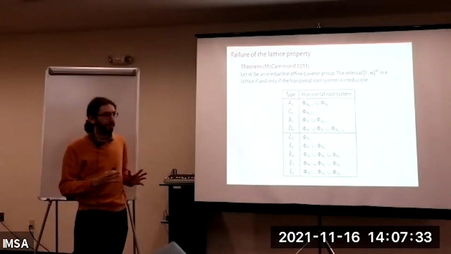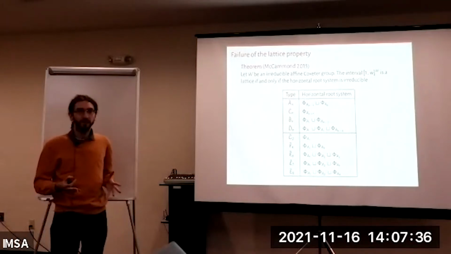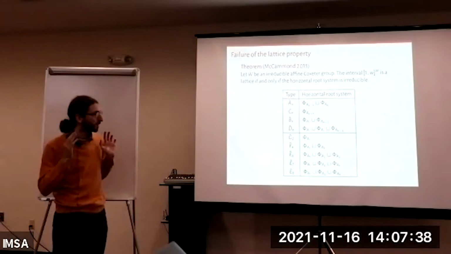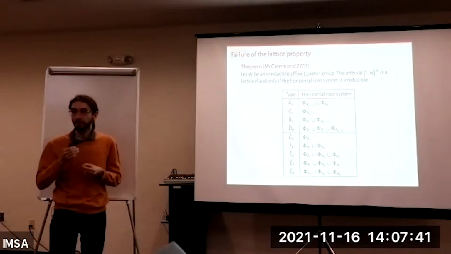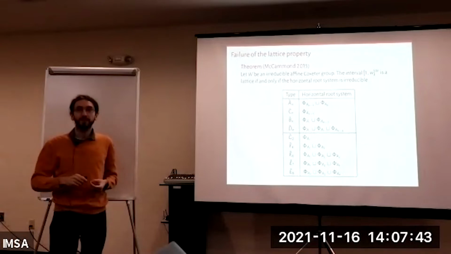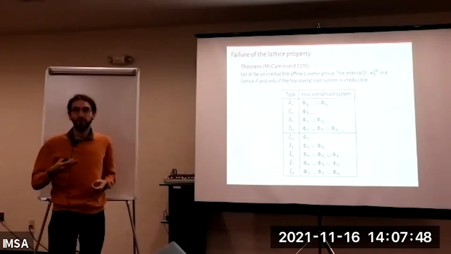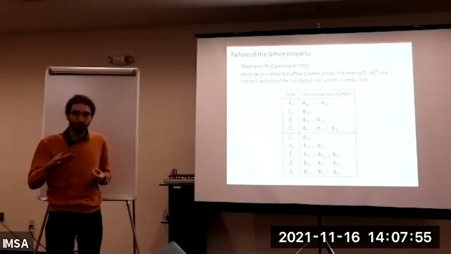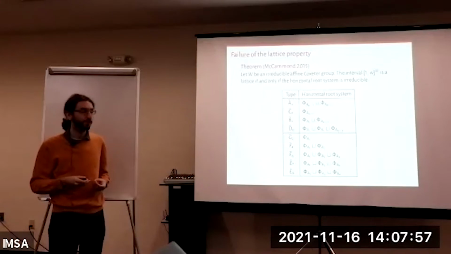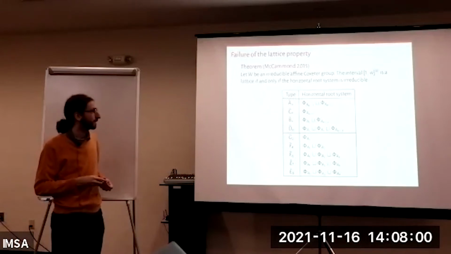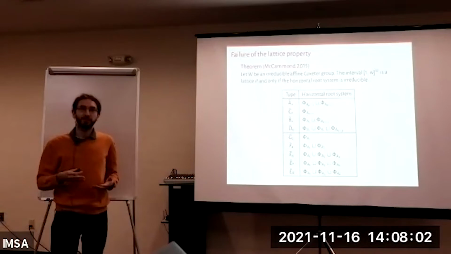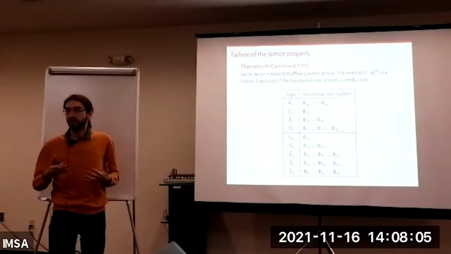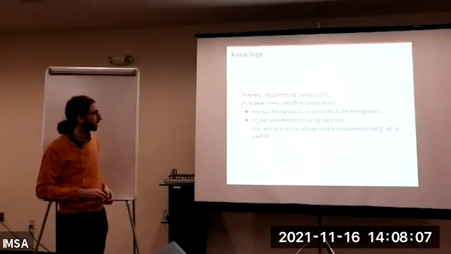But the bottom line here is that in most cases the interval is not a lattice, which means that it does not give rise to a Garside structure, which is kind of sad since we were hoping to use the whole Garside groups machinery to study affine Artin groups. And there is an explicit characterization of when the interval is a lattice and when it is not.